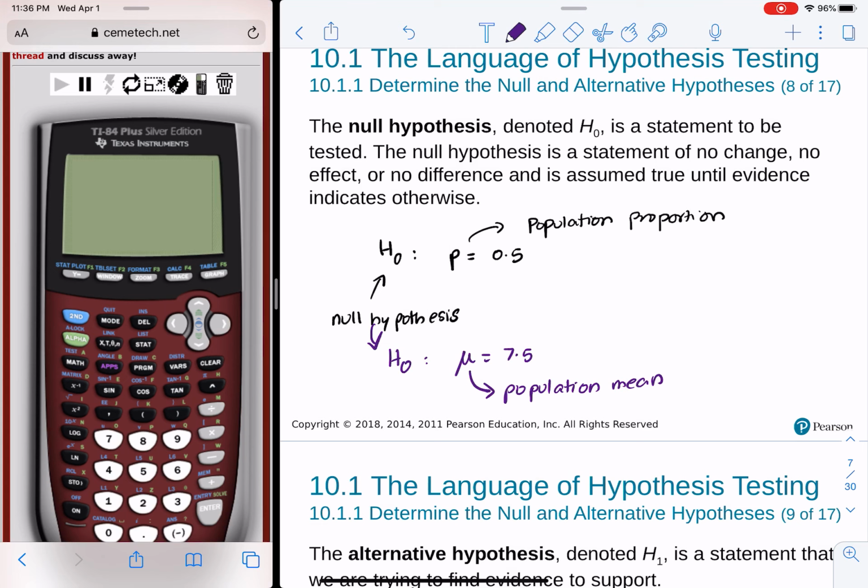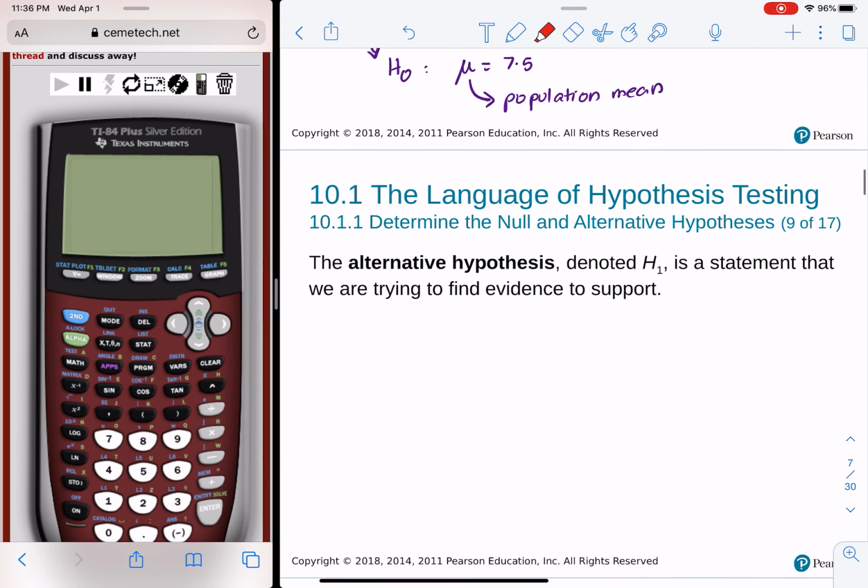This is why we call it the statement of no change or no effect or no difference. And this statement is considered to be true until we find evidence which supports the counter argument. Since it is a statement about no effect, a null effect, hence the name null hypothesis. Null means zero.